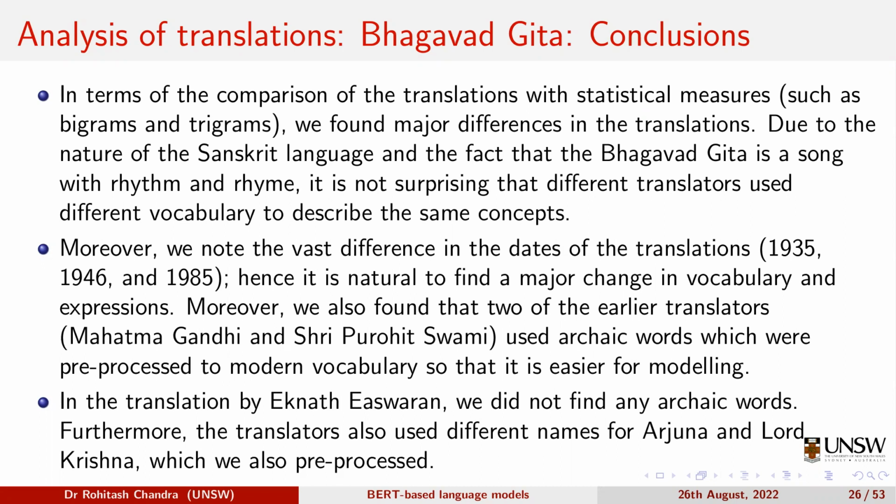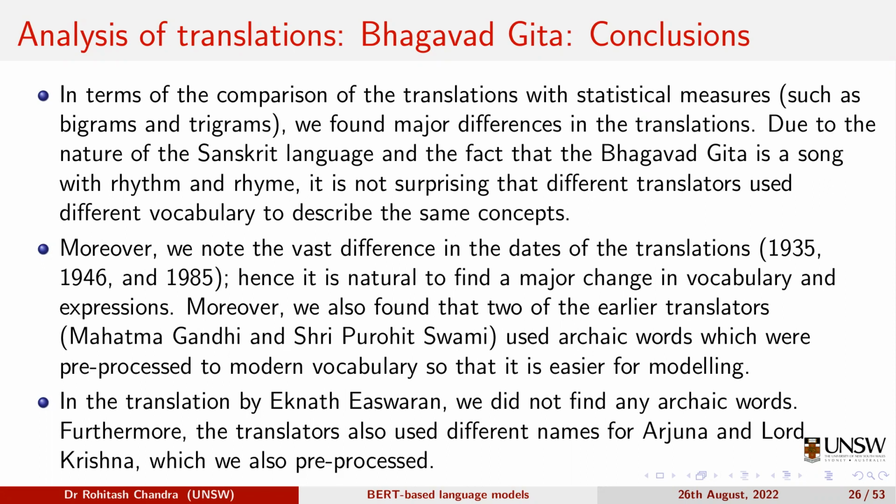So in terms of the comparison of the translations with statistical measures, bigrams and trigrams, we found major differences in the translations, no doubt, when it comes to words expressed. And due to the nature of the Sanskrit language and the fact that the Bhagavad Gita is a song with rhythm and rhyme, it's not surprising that these things can happen.